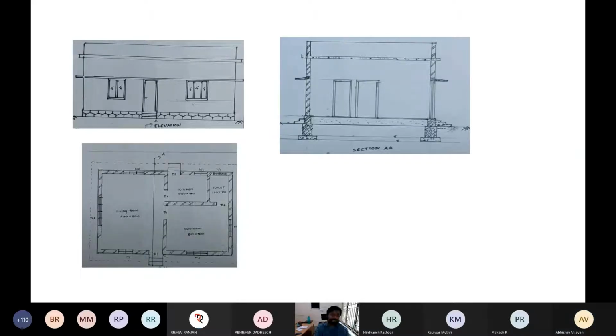Sectional plan. Yes, that is the plan only. Here you can see this is a small residential building. It's only 1 BHK, 1 bedroom, hall, kitchen. It's a very simple plan.